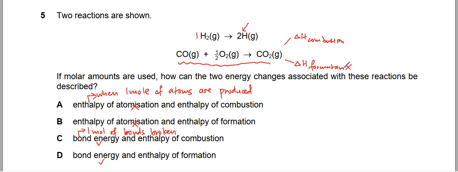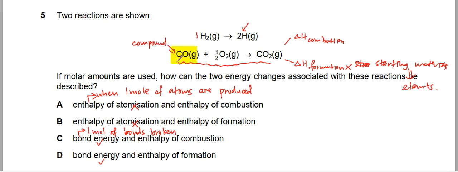Because for formation, the starting materials must be elements. If you take a look here, this CO is a compound, so it's not an element.